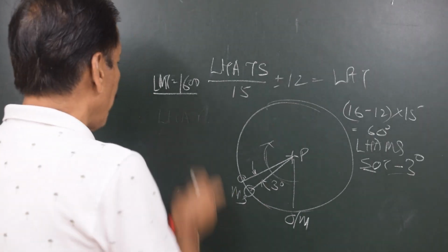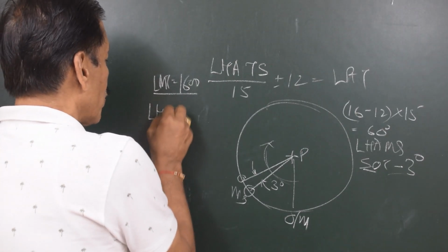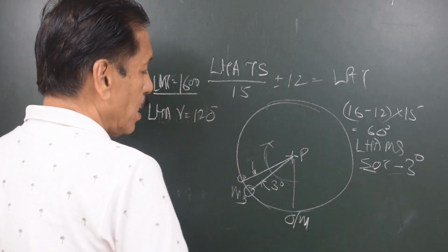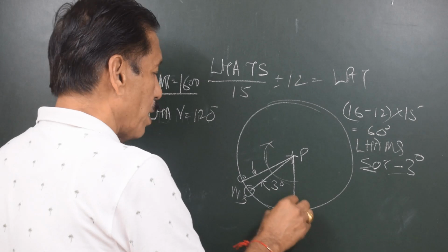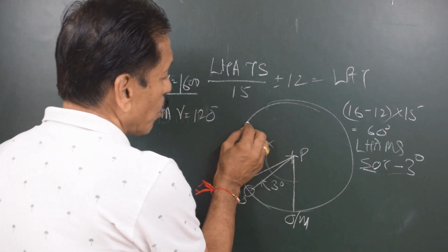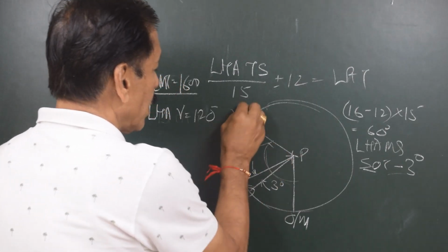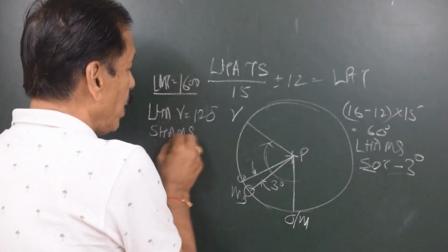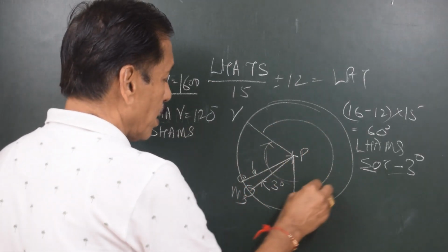Now in the same diagram, if somebody says I want to see LHA Aries is equal to 120 degrees. LHA Aries is measured from observer's meridian clockwise till the first point of Aries, and the Aries therefore would be over here. What is the SHA mean sun? SHA mean sun would be measured this way.